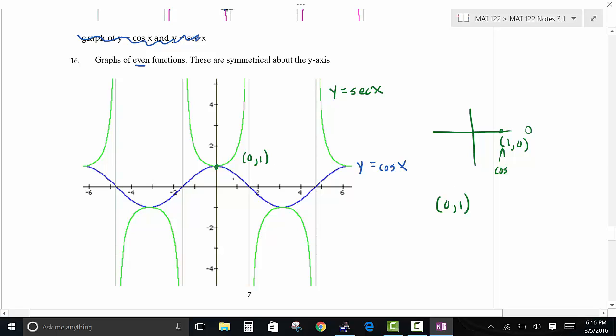So that's probably not the best example. If we had another point like this, it would be reflected over the y-axis and have the same y value. So this graph is clearly symmetric about the y-axis, as an even function is. That's one way to remember that the secant and cosine are even functions, because they're the only graphs that are symmetric about the y-axis.